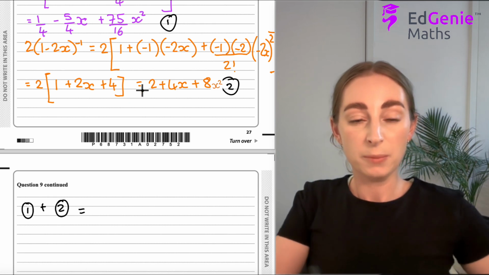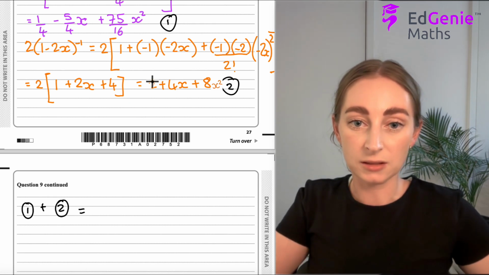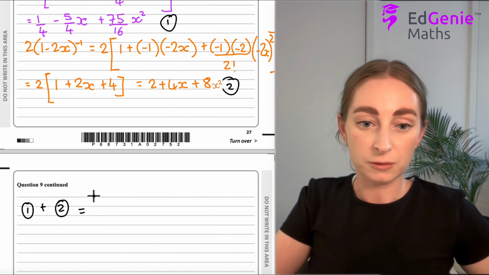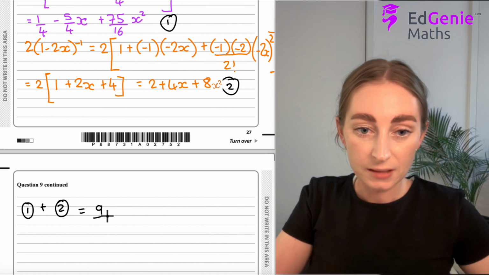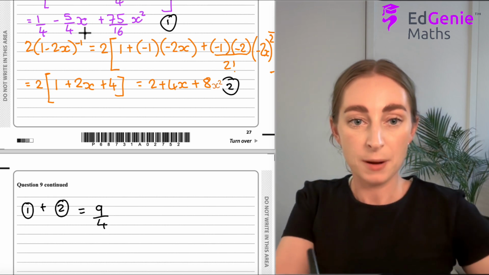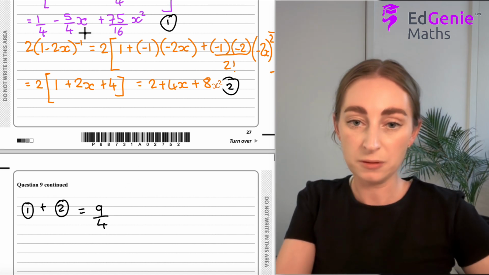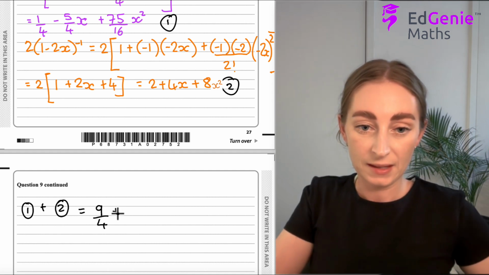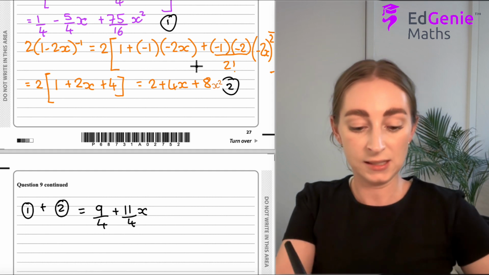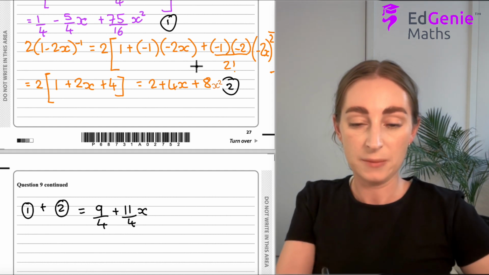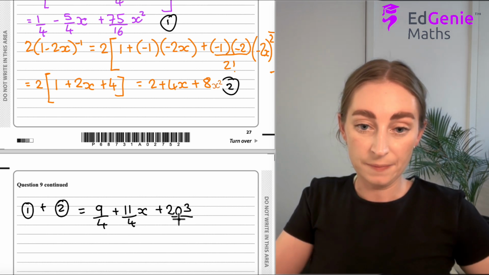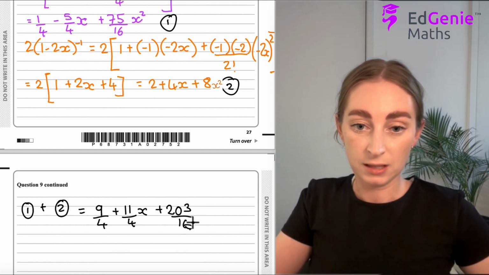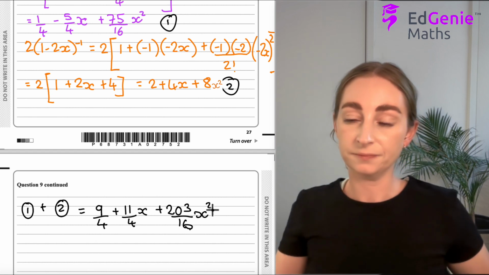A quarter plus 2, let's think, that's going to be 8/4, 9/4. 9/4 minus 5/4 plus 4 is 11/4 x, and then 75/16 plus 8 is 203/16 x squared.